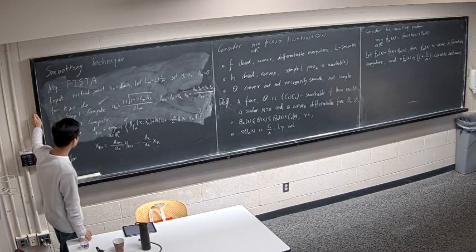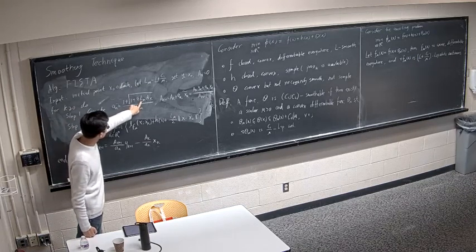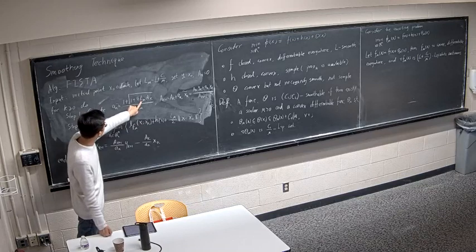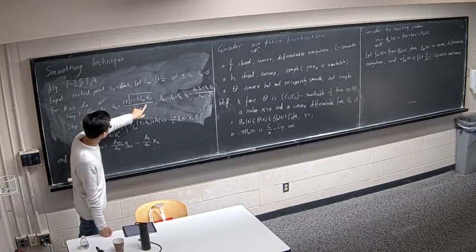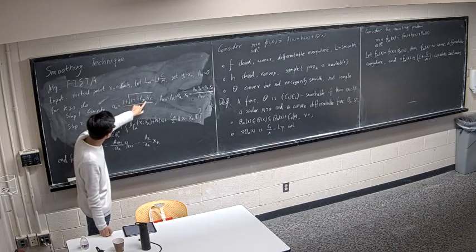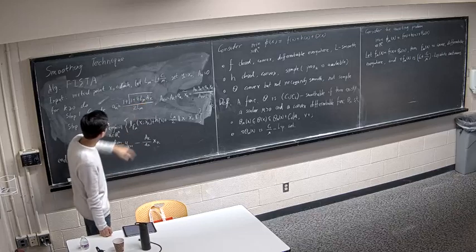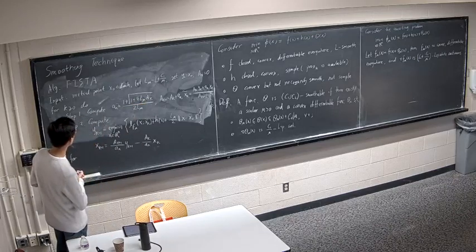Another difference is that previously we did not specify how large this constant is. We could do either a constant step size or line search. But here we just take the constant step size. The step size is 1 over L mu, and here the constant is just L mu. We do not do any adaptive approach here.